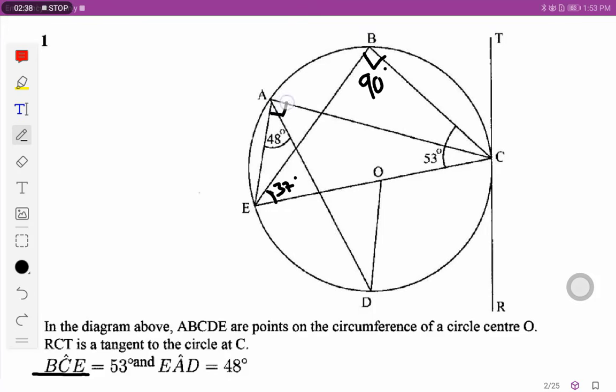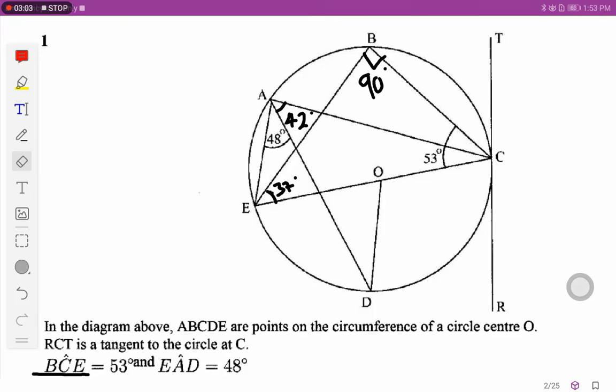So when this is 90 degrees, the smaller angle that is left is going to be 90 minus 48 degrees. So 90 minus 48, what do we get? We get 42 degrees. So this is 42 degrees.